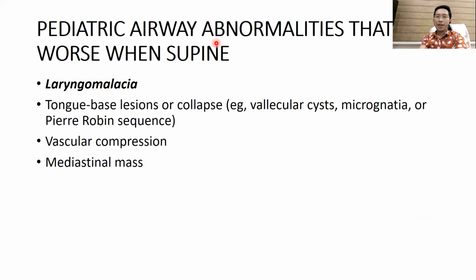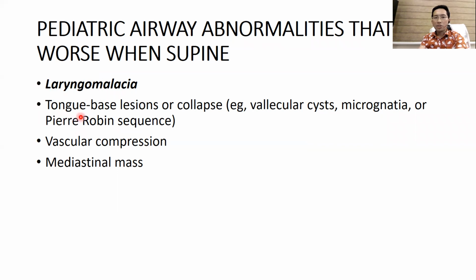Let's go to pediatric airway abnormalities that occur when supine. Remember these abnormalities. Number one, it is laryngomalacia. Laryngomalacia is actually the immature laryngeal cartilages.